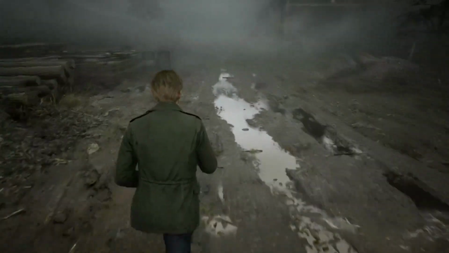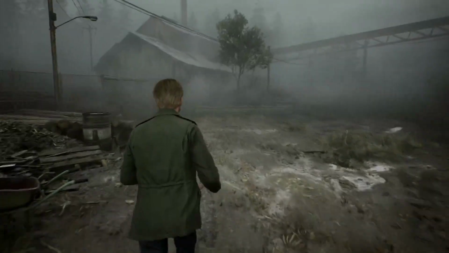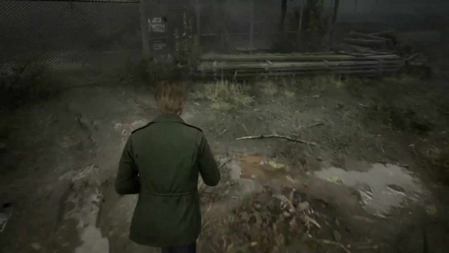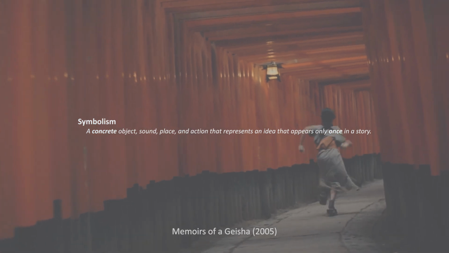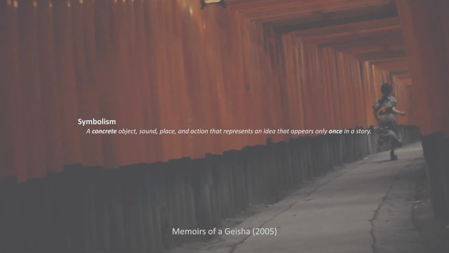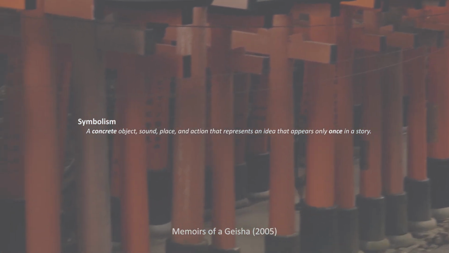Before we get into the game, we will define the three things from film that Silent Hill 2 maximizes for its gamers. First, symbolism. It is a concrete object, sound, place, and action that represents an idea that appears only once in a story.